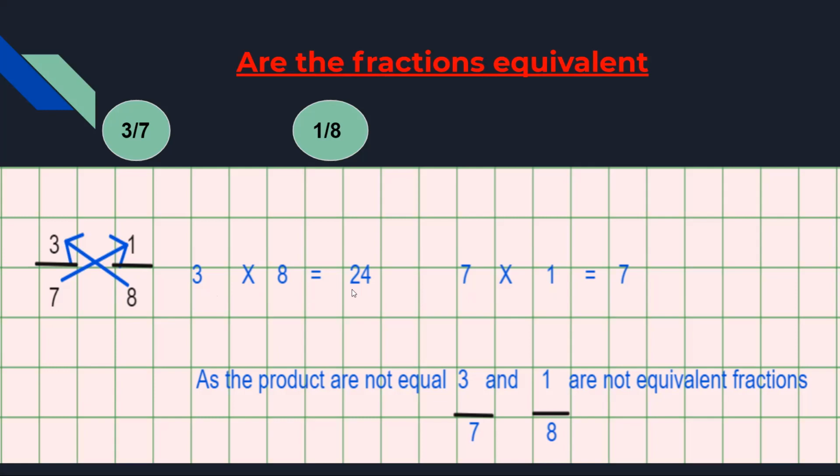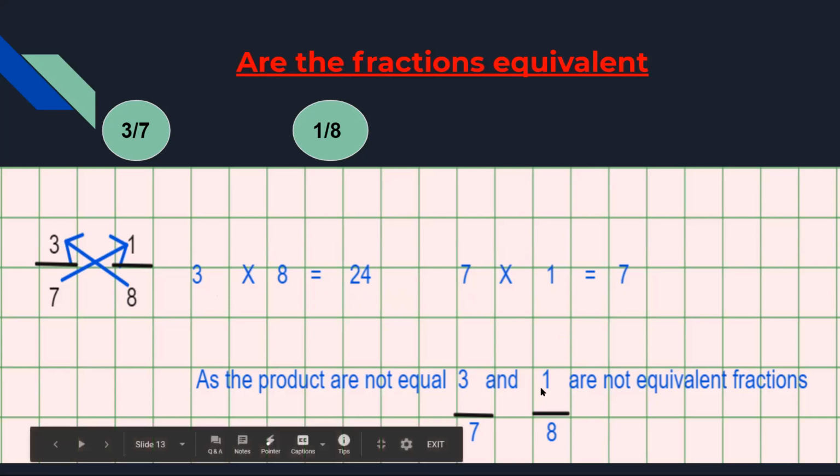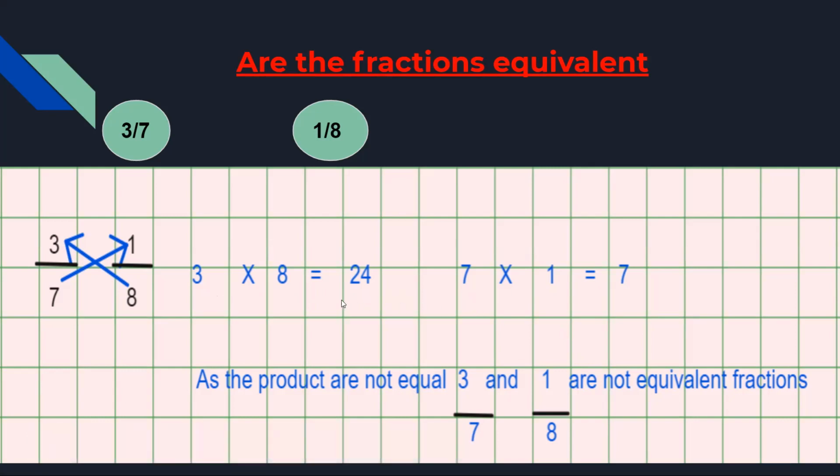So one side the product is 24 and the other side the product is 7. As the products of both sides are not equal, it means that these fractions are not equivalent. If the products are equal, they are called equivalent fractions.